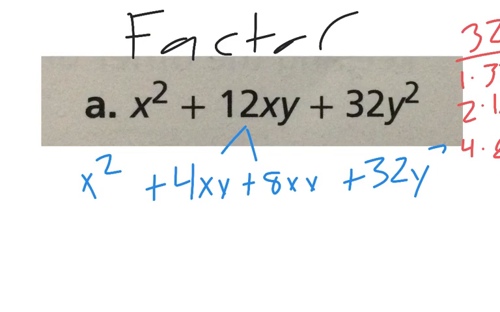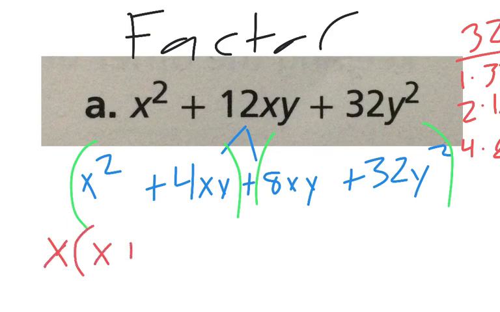So now I have 4 terms. I like to factor by grouping when I have 4 terms. If I group the first 2 together, what is the GCF? X. They both have an X. So I could factor an X out. That's going to leave me with x plus 4y.